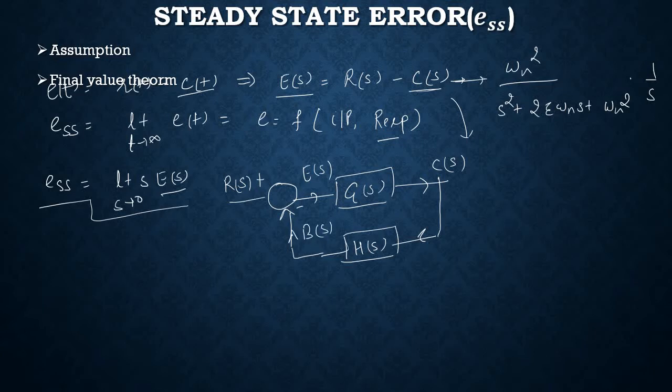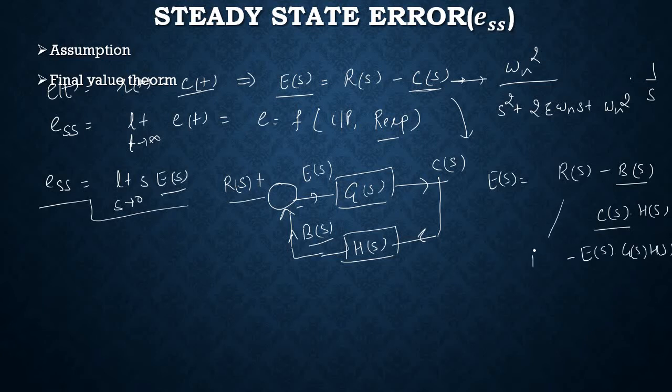When you calculate the error, it comes out equal to R(s) minus B(s). Then B(s) is equal to C(s) multiplied by H(s), and C(s) is equal to E(s) multiplied by G(s). So B(s) is E(s) G(s) H(s), and R(s) minus that is equal to E(s).